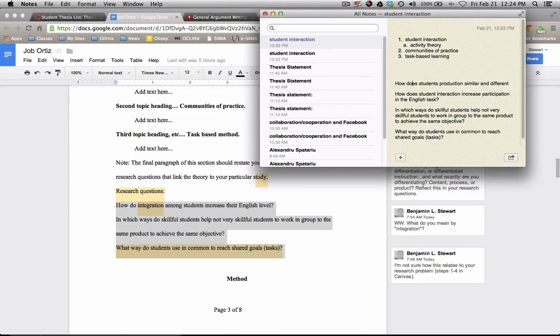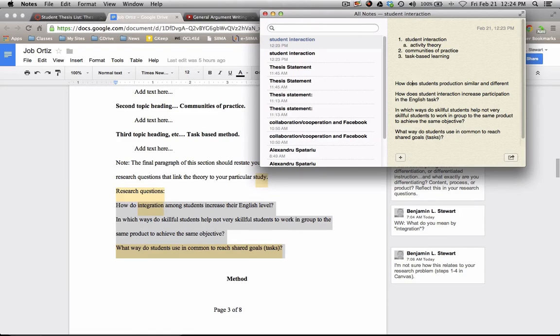But student production or how do they work together? Is that the same thing? Because you're showing me examples of production, like, some talk more, some talk less. But are you concerned about their actual production of the language, or how they work together? Participation? It would be participation, the same process. Okay. Do you understand my question?